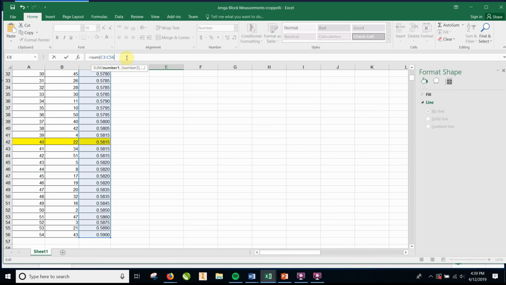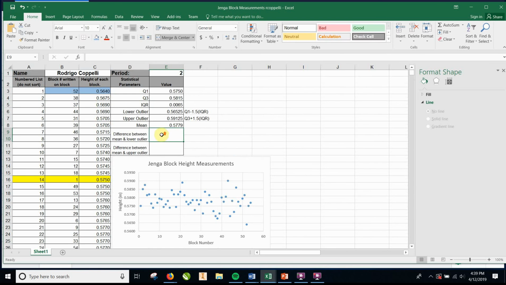And then I'm going to close that off and divide that by 54. My mean or average is 0.5779. Okay, so 0.5779 right up here is my mean. Okay, that makes sense.